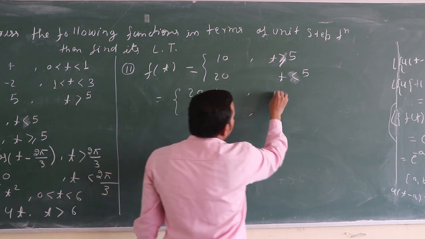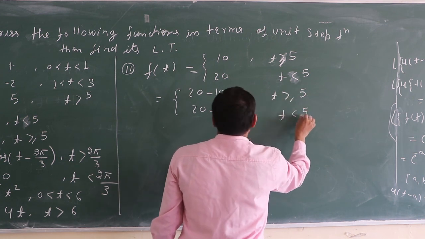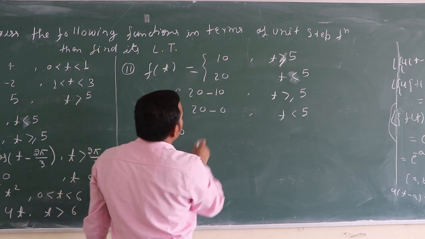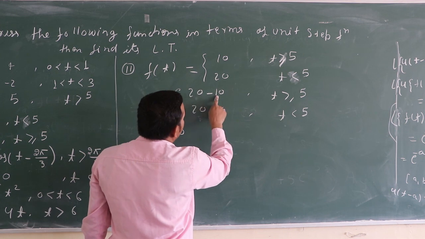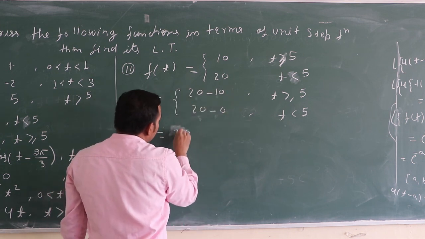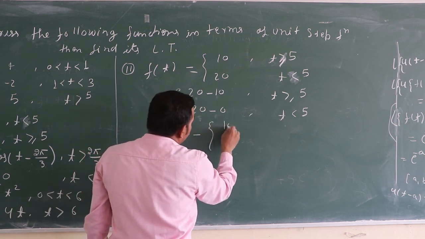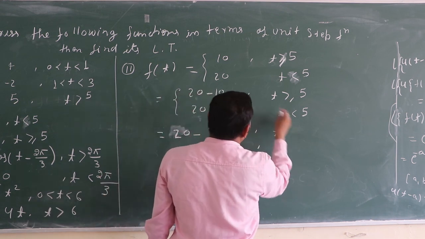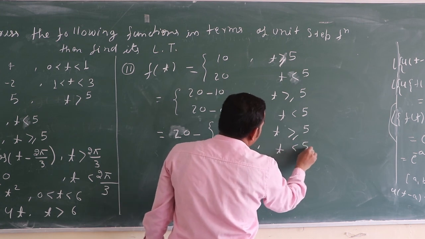Simply we write 20 minus 10, that is 10. So take 20 as a common factor minus 10 for t greater than or equal to 5, and 0 for t less than 5.